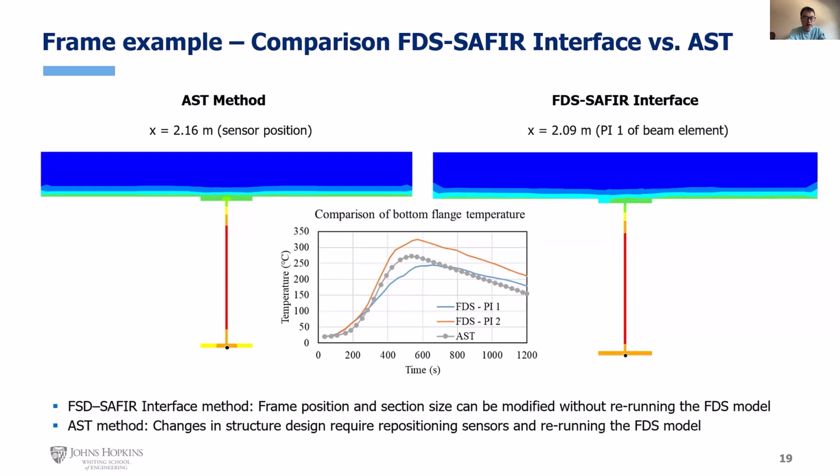We don't need to rerun the FDS model. But in the AST method, once we change the structural design, we have to reposition the AST sensors and rerun the FDS model, which might take a longer time. Thank you. I'll give the stage to Thomas.